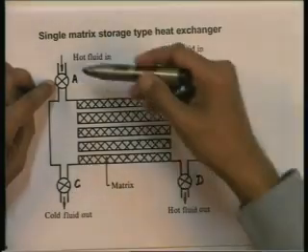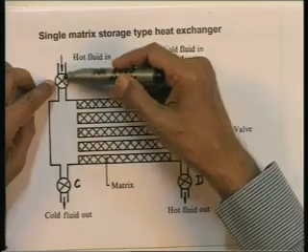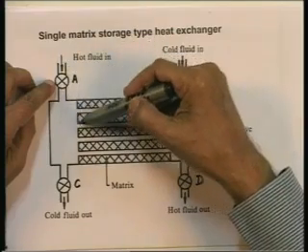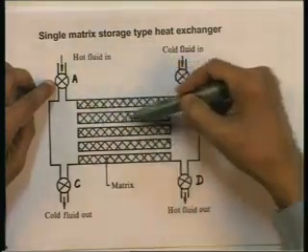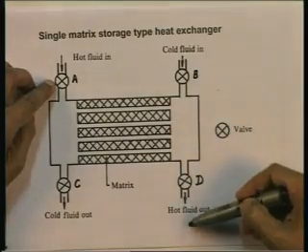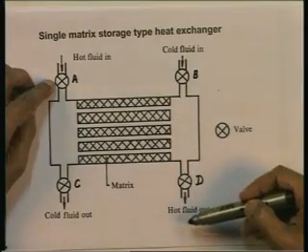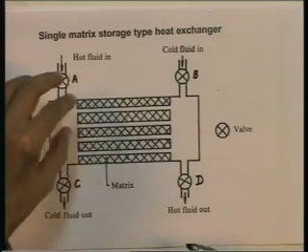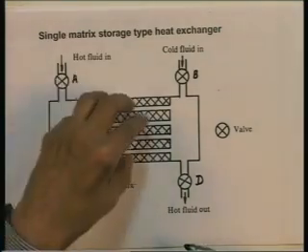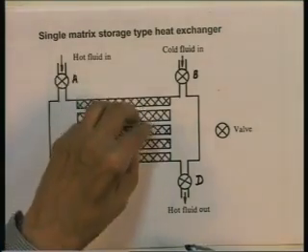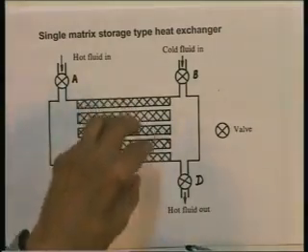So, obviously, the hot fluid can enter here if this valve is open, go through this porous matrix and come out through D. If it does this, it is going to give up its energy, its heat to the material of this porous matrix, and this matrix is going to heat up.